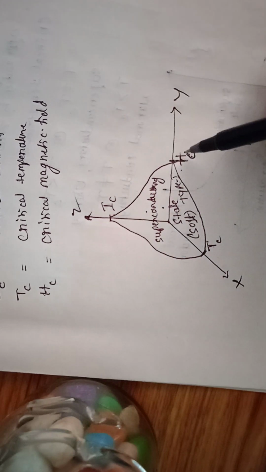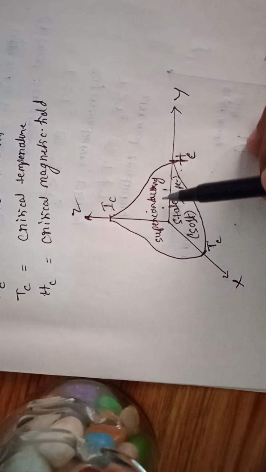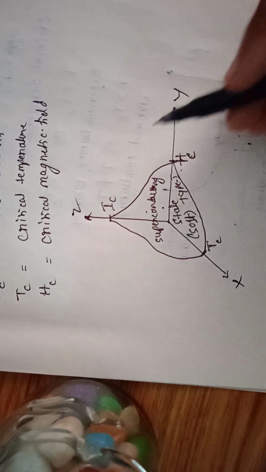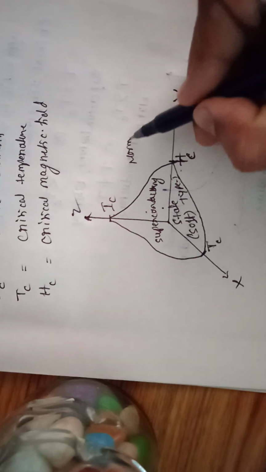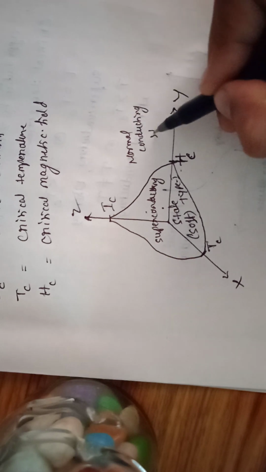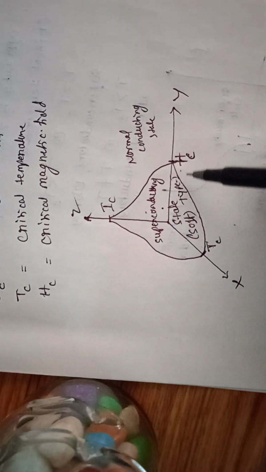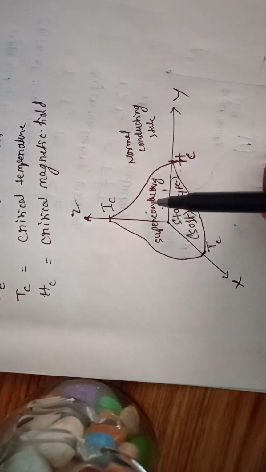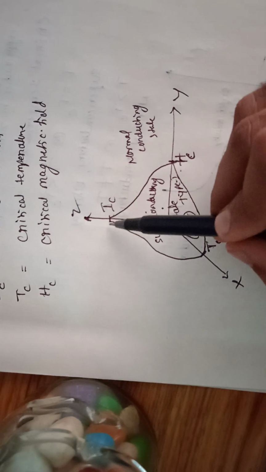Above this transition, if you apply a magnetic field greater than the critical magnetic field, again the superconducting state is destroyed and the material becomes a normal conducting state. Here also, if you apply a transverse magnetic field greater than the critical magnetic field, the superconducting state is destroyed.